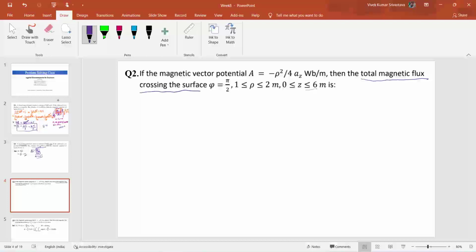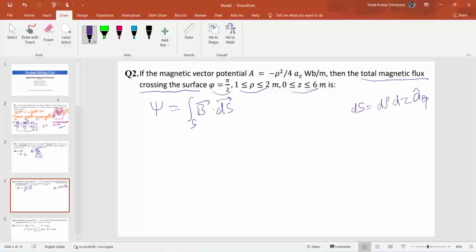The differential surface for this is d rho dz, because only rho and z are varying, and phi is constant here. So for finding the flux crossing through the surface, we will use the formula phi is equal to the surface integral of B dot ds.